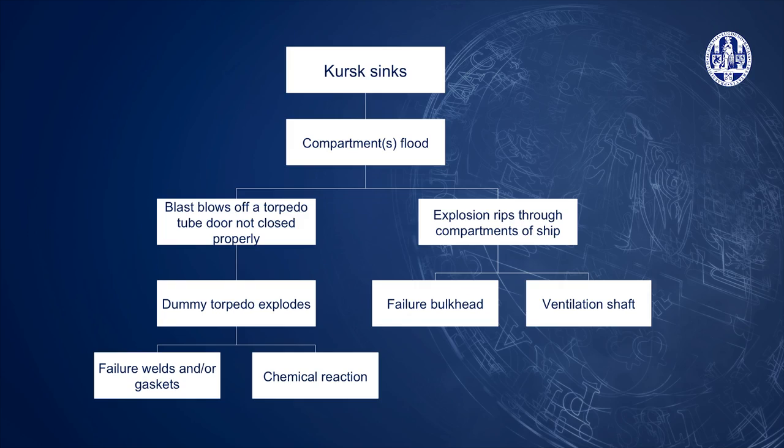Failures of welds, gaskets, bulkheads and the ventilation system point at technical errors in the design and the maintenance of the dummy torpedo and the submarine. The fact that the door of the torpedo tube was not closed properly is a clear example of a human failure. Ideally, such failures would be prevented by means of safety protocols and checks, which is an organizational factor in play here.